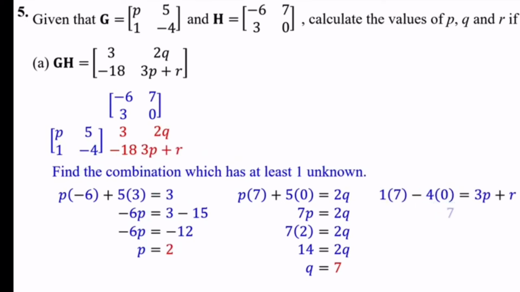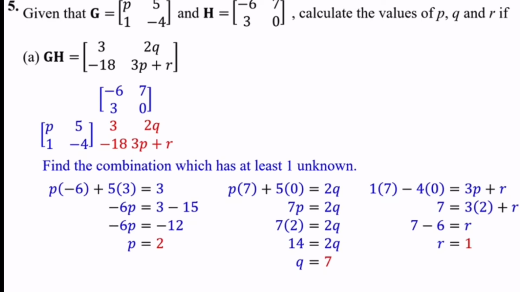So we have 7 equal to 3p plus r, p is 2, 3 times 2 is 6 plus r, hence the r is 7 minus 6, which is 1. Okay, so we have solved question number 5 with all the unknowns p, q, r solved. So let's proceed to the next question.